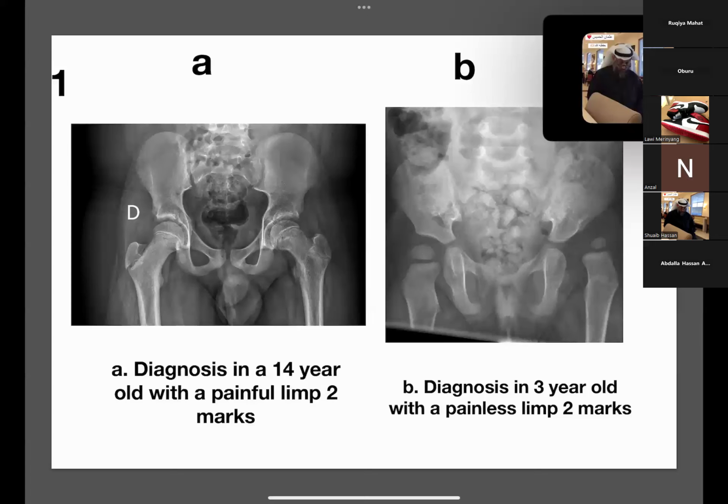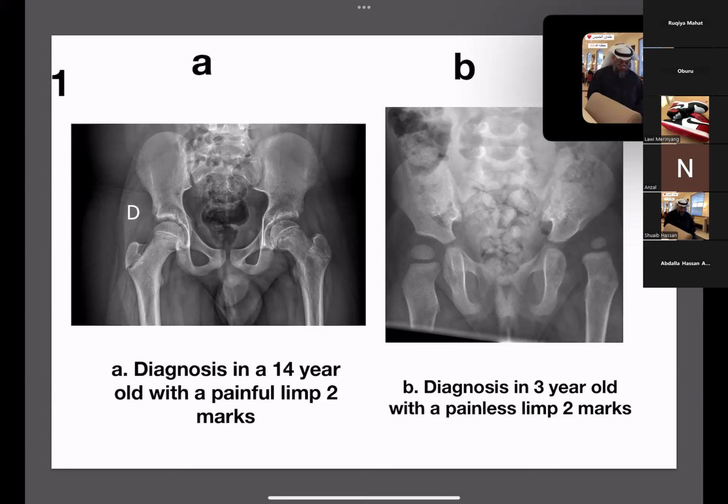So in this case, if you look at a line that goes from the superior margin of the neck of the femur, it does not quite bisect the head, okay? It doesn't quite bisect the head.